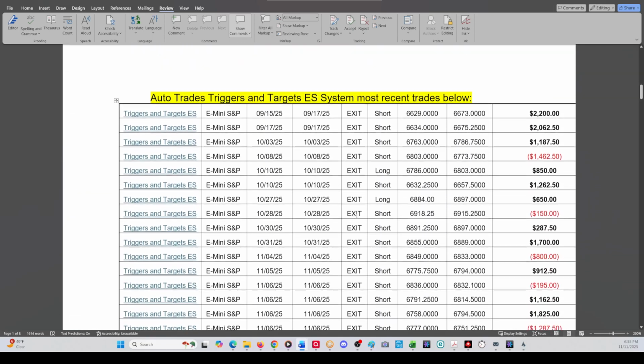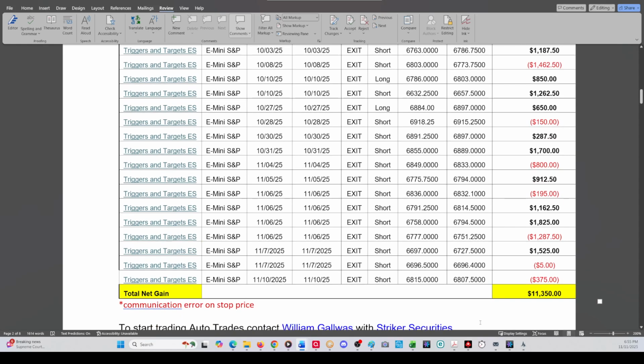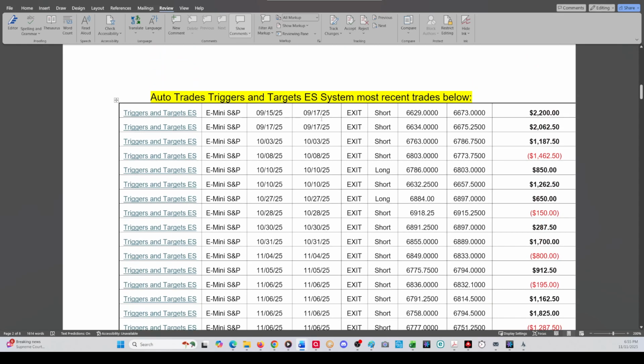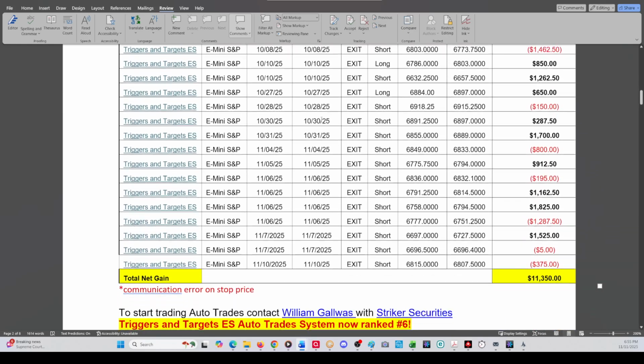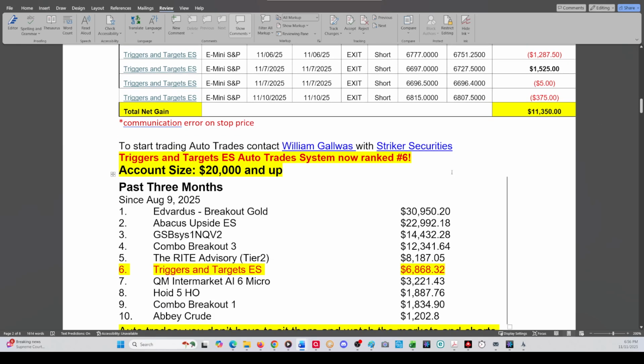Here's our auto trades. I think it includes up to Friday's action, or was it yesterday's action. Okay, there we are. We're up a little over 11,000 since the middle of September. And there we are. We jumped into number 6. There's the information for the auto trades, which are getting more and more popular.